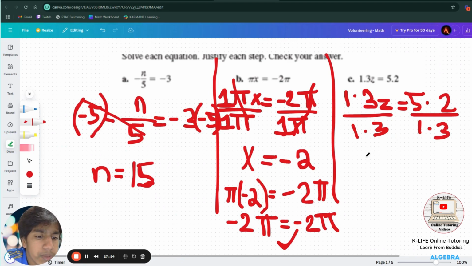Okay, so that will be z equals, well, technically 1.3 times 3 is 3.9, 3.9 plus 1.3 is 5.2. So that means 1.3 times 4 is equal to 5.2, so 5.2 divided by 1.3 is 4. Always inverse. If you can easily calculate by multiplication, then you know that your answer is correct by dividing. Okay? So your answer is z equals 4.